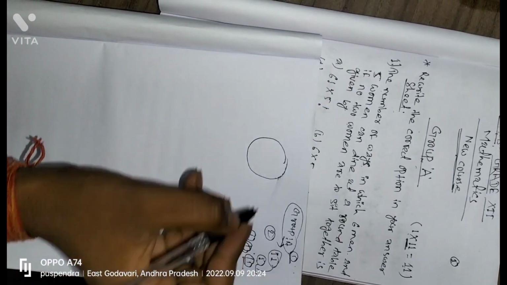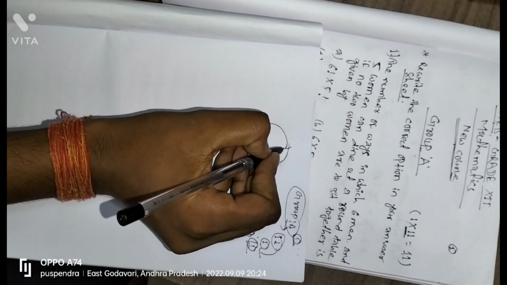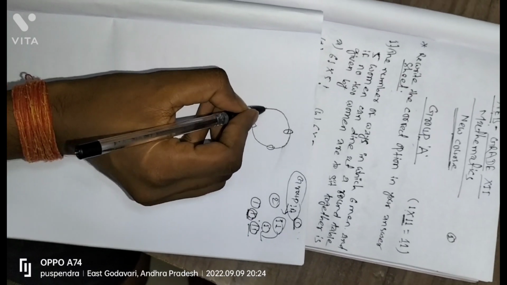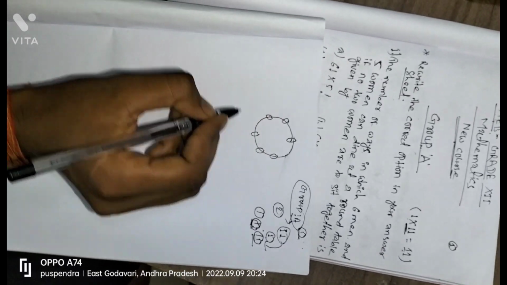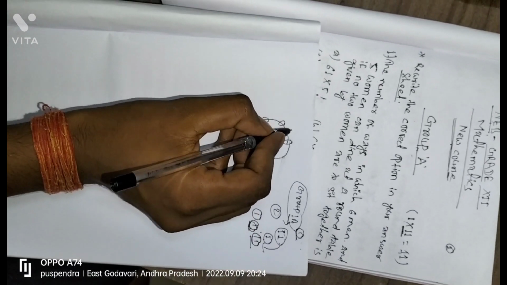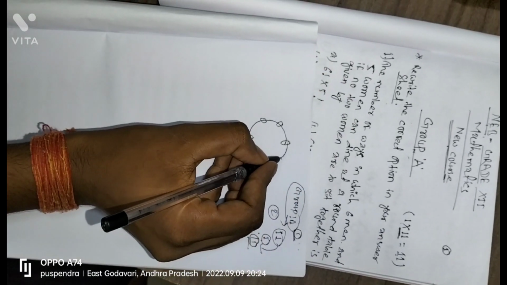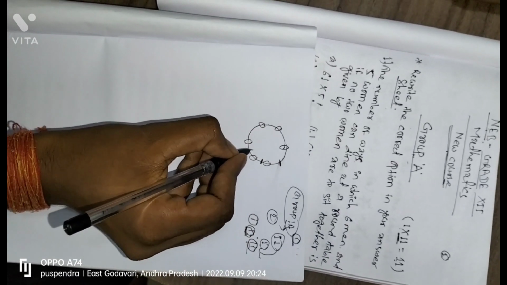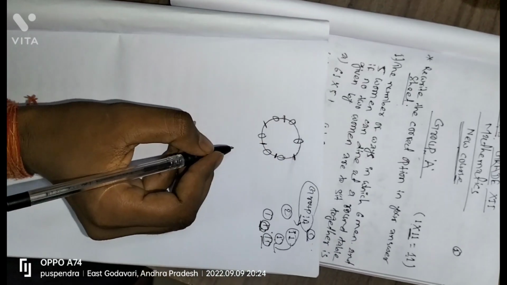So there will be 6 men: 1 2 3 4 5 6. Now how many gaps? 1 2 3 4 5 6. So 5 women can sit here: 1 2 3 4 5, right?